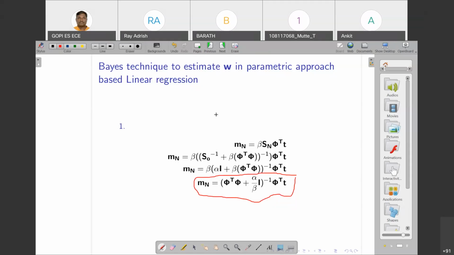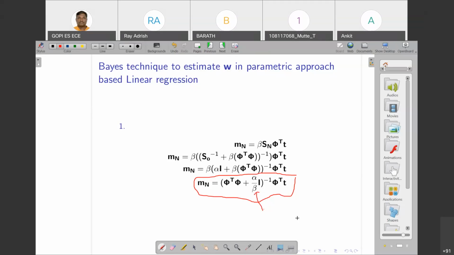We had a discussion on least square solution with regularization, where we had a solution of exactly this form. In place of lambda, it is now getting replaced with alpha by beta. So what we have to understand from this Bayes approach is that the solution of this Bayes technique is like a regularization.